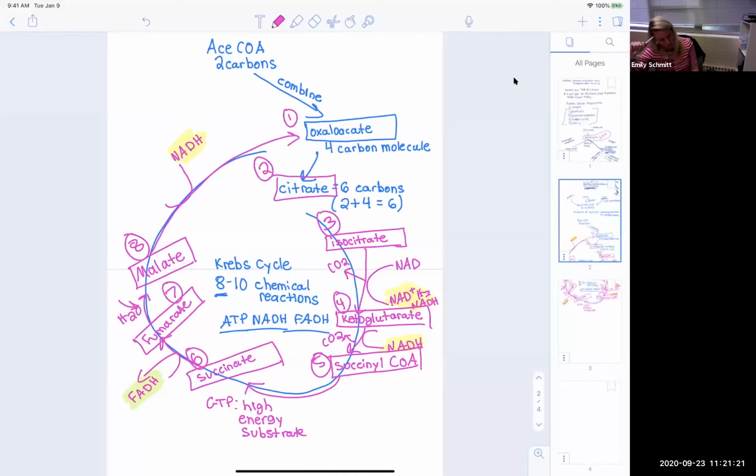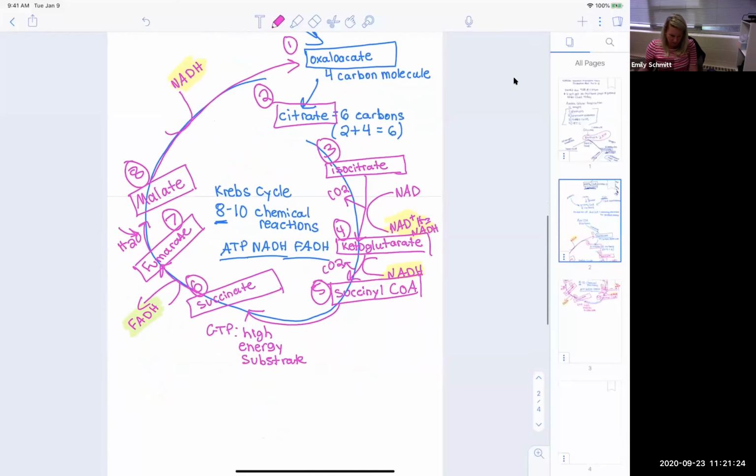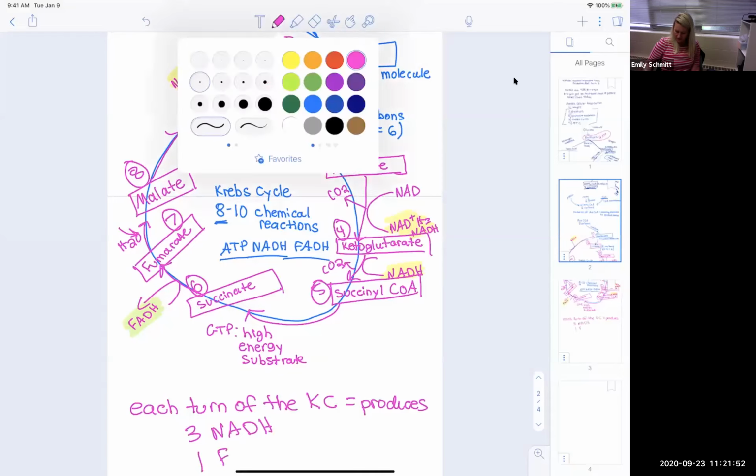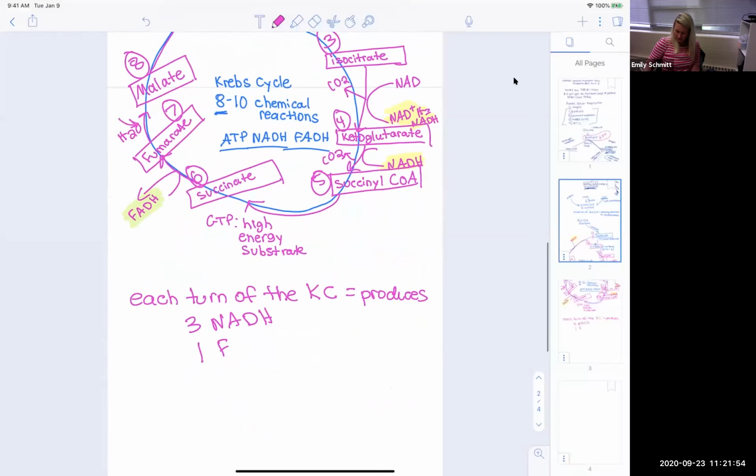So from our color codedness here, each turn of the Krebs cycle produces 3 NADH and 1 FADH.